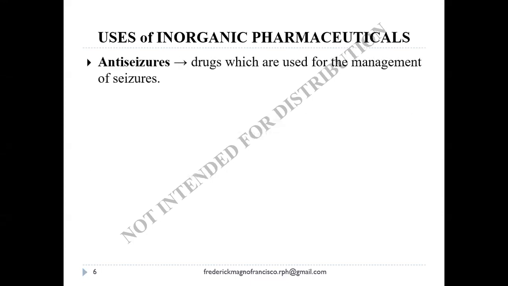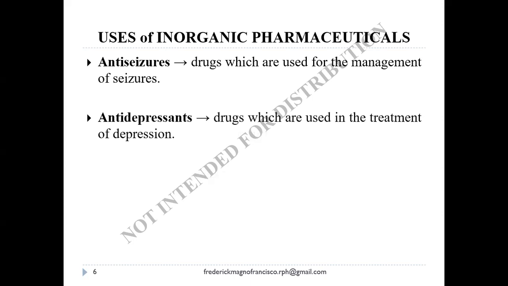Anti-seizures. These are drugs which are used for the management of seizures. Seizure is a sudden, uncontrolled burst of electrical activity in the brain. Example of an anti-seizure is potassium bromide. Antidepressants. These are drugs which are used in the treatment of depression.